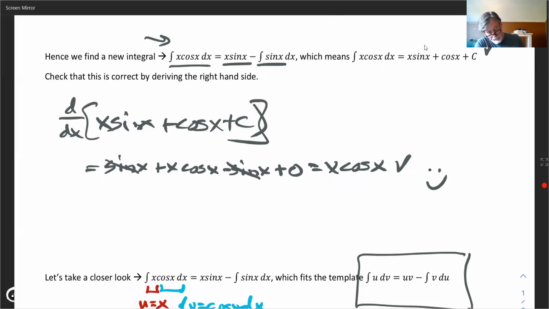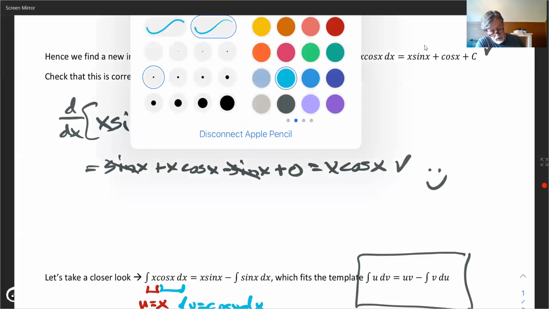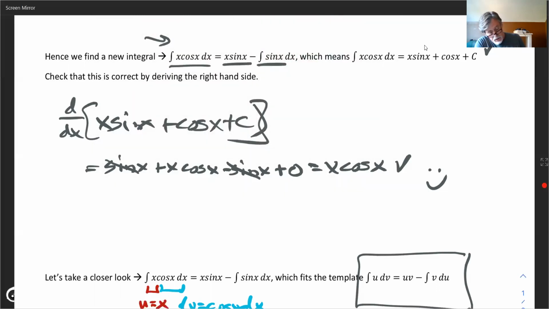The integral is sine, it's sine x. So the pattern that we see here, I hope you see this, is that over here, this guy is u, and then way over here, dx is du, sorry. And the sine x is v. I should have done that in blue, so I'll try to do that in blue.